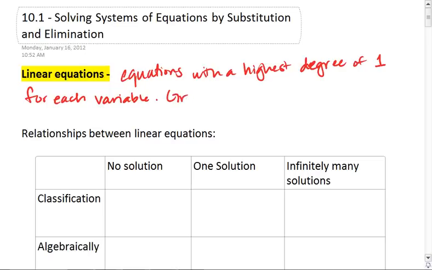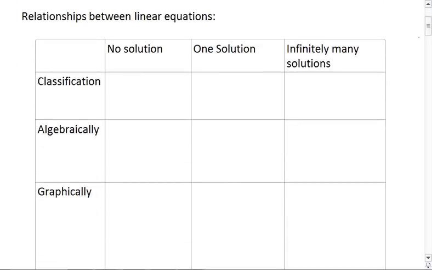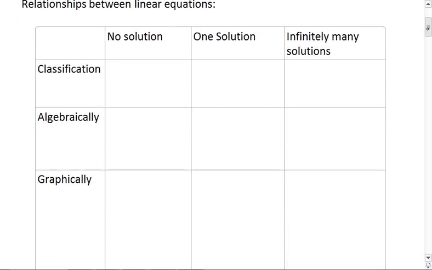And graphically, they are a straight line. We're going to be looking at systems of linear equations. So we'll start with two equations with x and y.